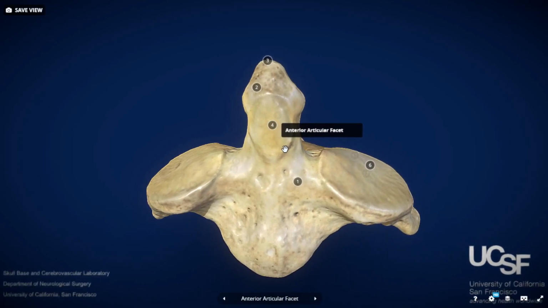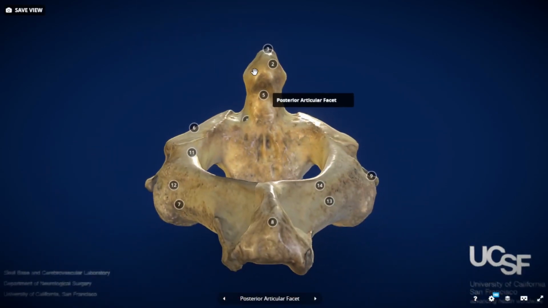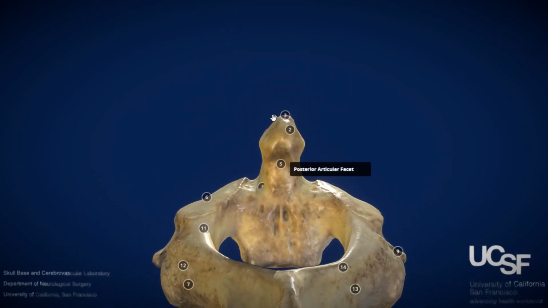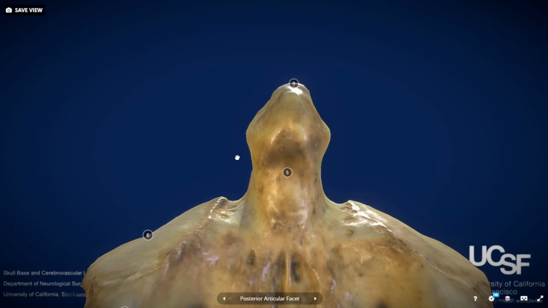The anterior articular facet articulates with the posterior articular facet of the anterior arch of C1, whereas the posterior articular facet serves as a place for the attachment of the transverse ligament.